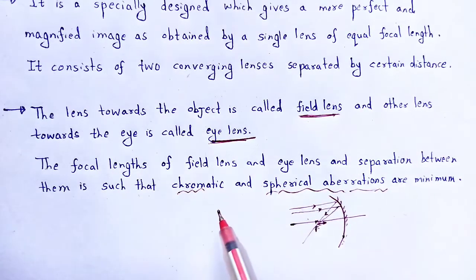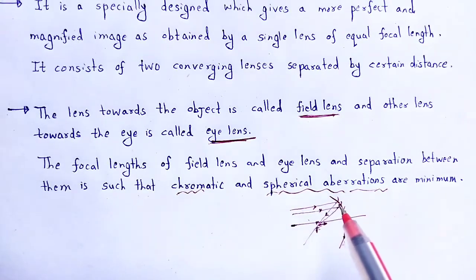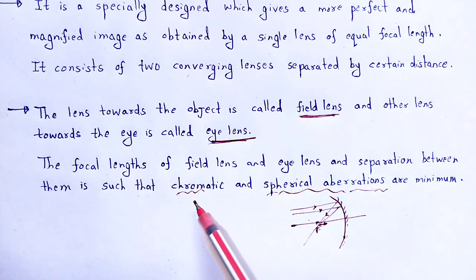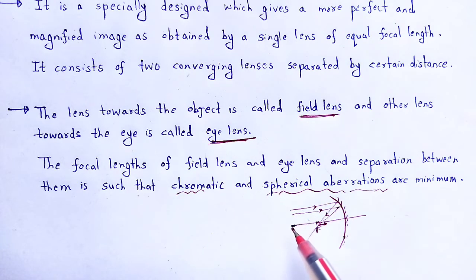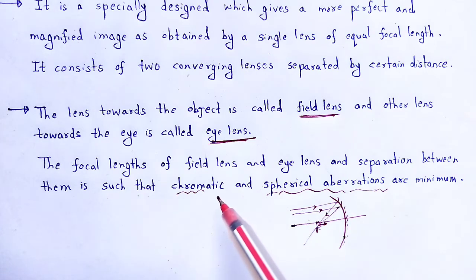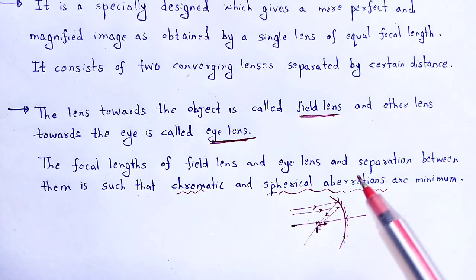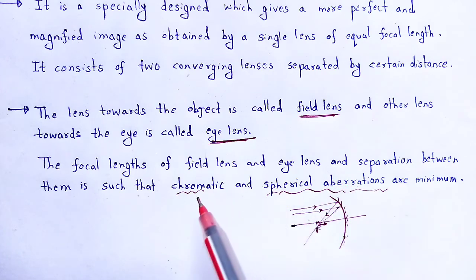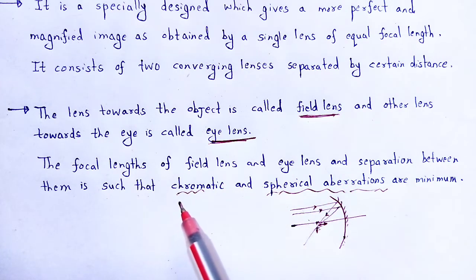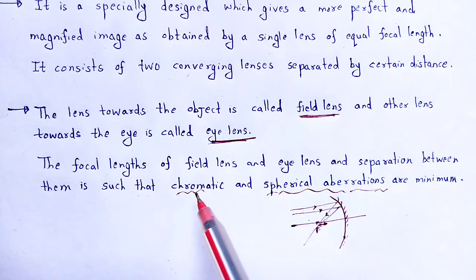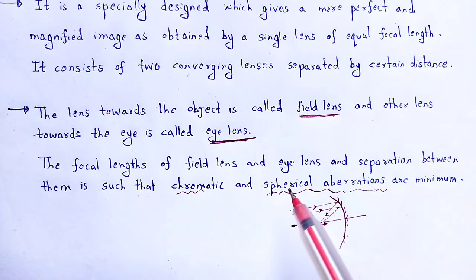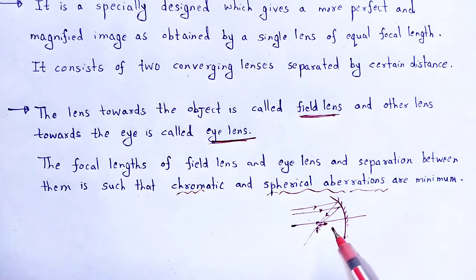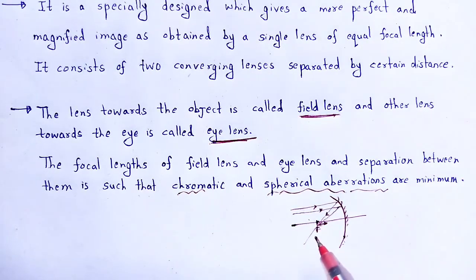Again, chromatic aberration: if we take a lens, the rays parallel to the optical axis pass through the focus, but due to the phenomenon of dispersion, white light splits into its respective colors, like VIBGYOR, and these colors are not exactly at the point of focus.